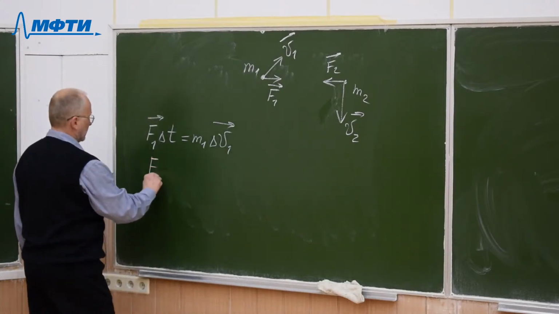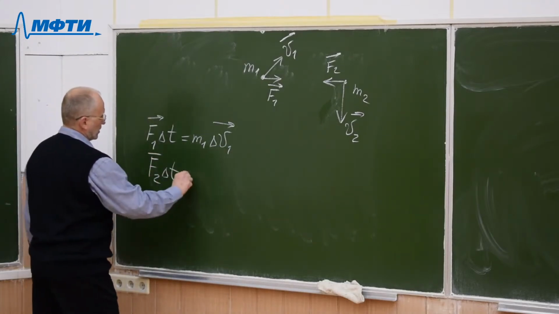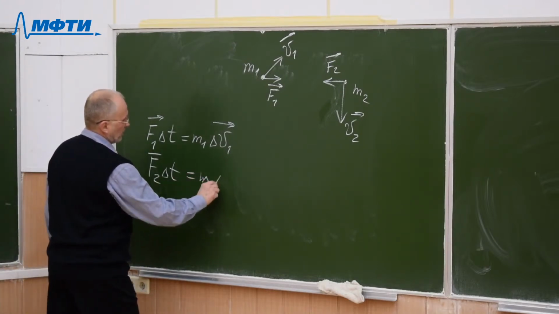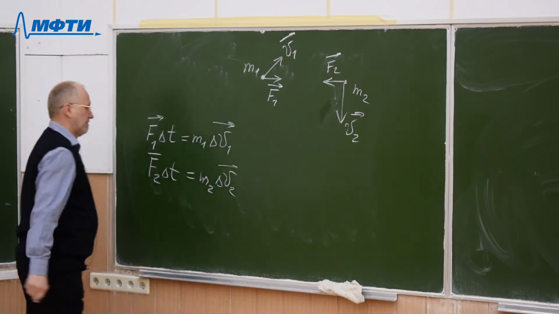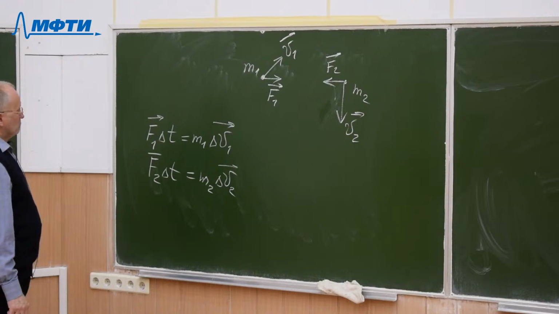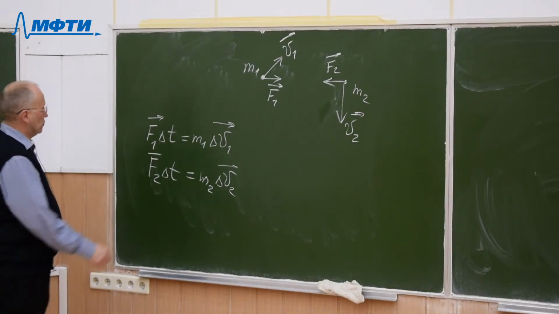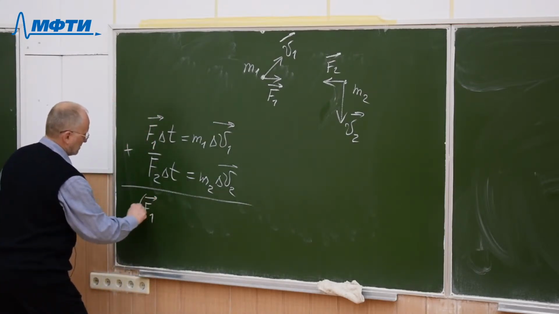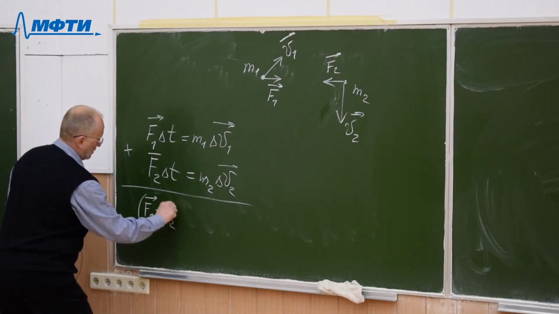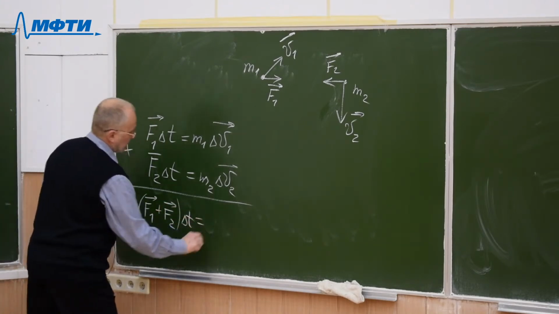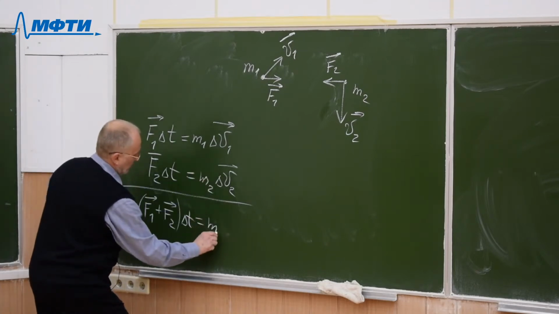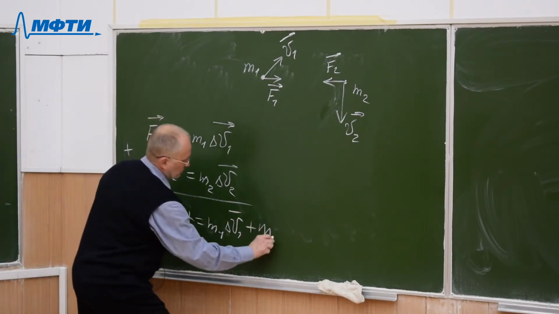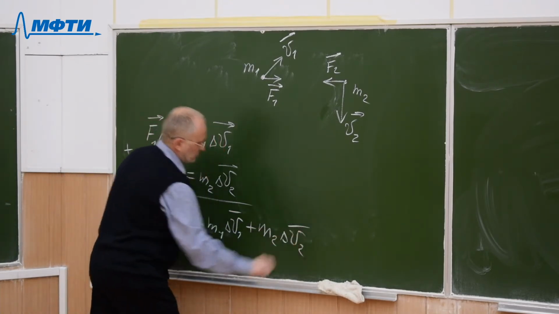The force acting on the second particle times the small time interval delta t equals the change of momentum of the second particle. If we add these two equations, we obtain (F1 vector plus F2 vector) times delta t equals m1 delta v1 plus m2 delta v2.